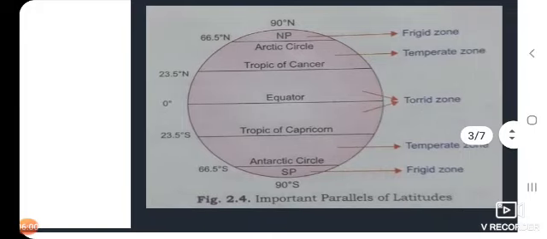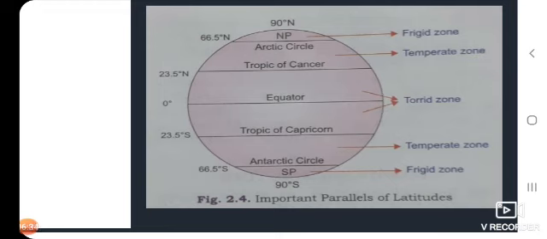The equator, being the great circle, moves through the center of the globe. The first and most important parallel is the equator, and there are actually 181 parallels of latitude at 1 degree interval, and the equator is the longest line of latitude.